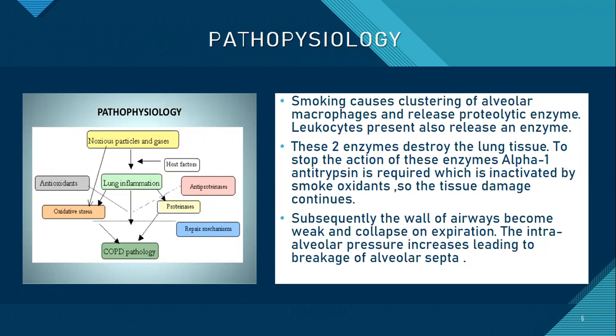But in normal physiology, there's another enzyme, alpha-1 antitrypsin, which is required for protection. But in pathophysiology, it is inactivated by smoke oxidants, so the tissue damage continues. Subsequently, the walls of the airways become weak and collapse on expiration. The intra-alveolar pressure increases, leading to breakage of alveolar septa.